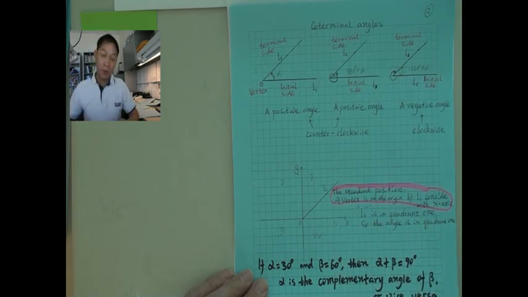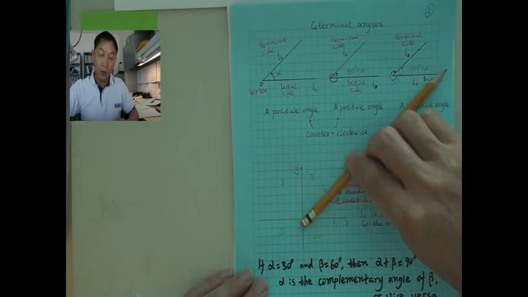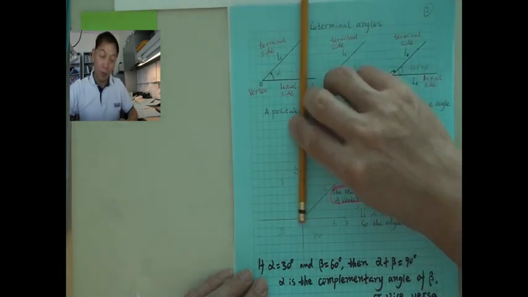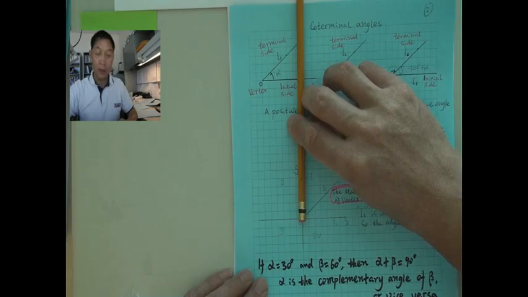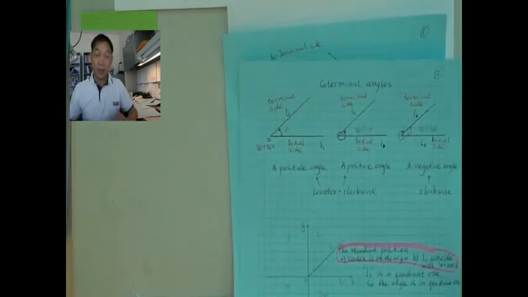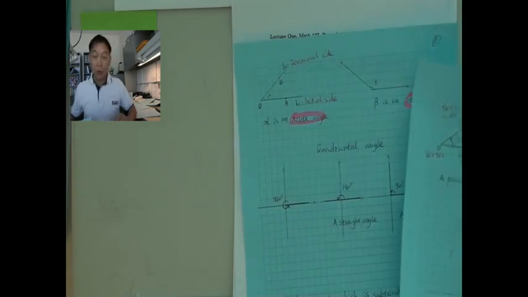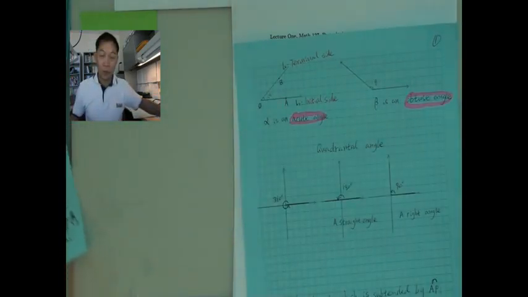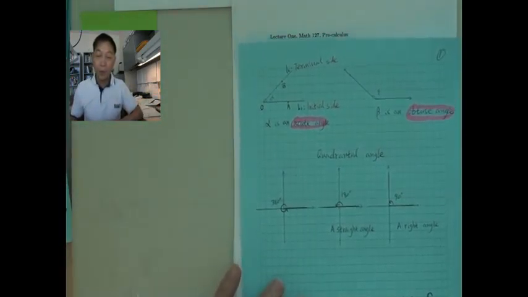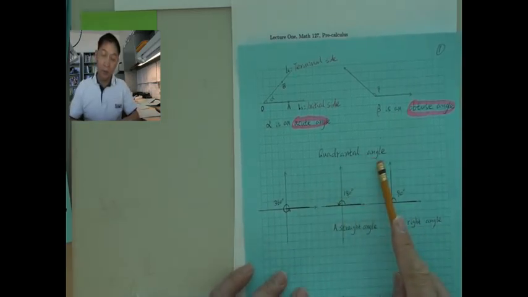But sometimes you stop in quadrant 1, you may stop right in the middle, stop on the y-axis. So in this case, how are we going to call that? We call it a quadrantal angle.